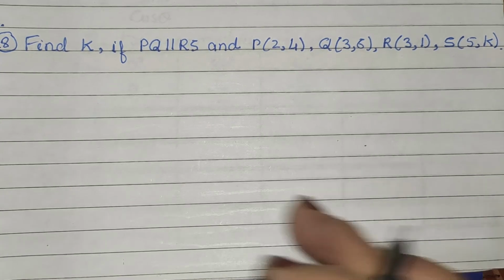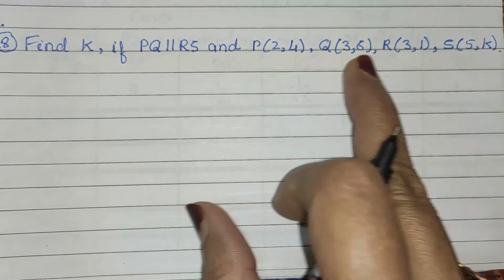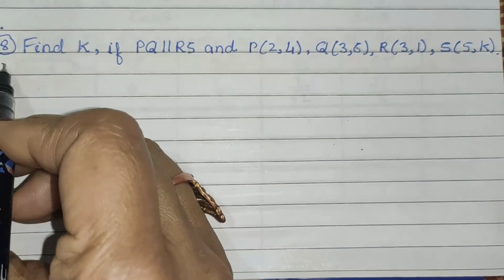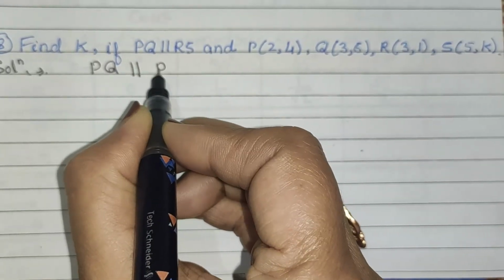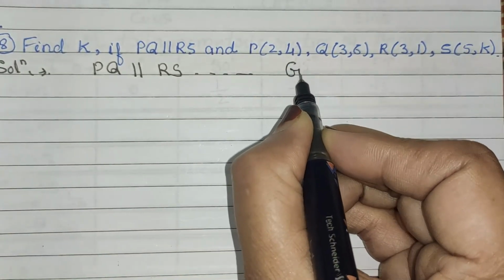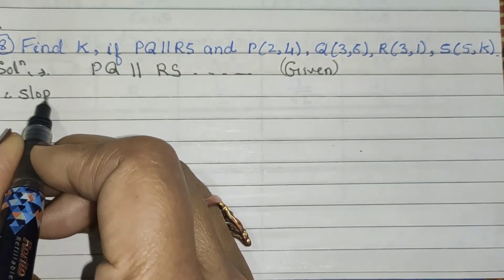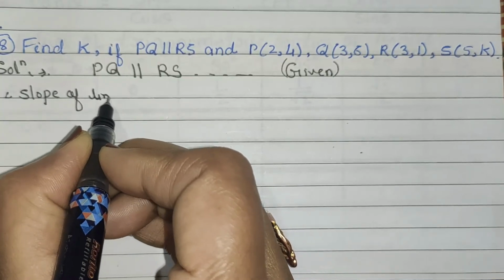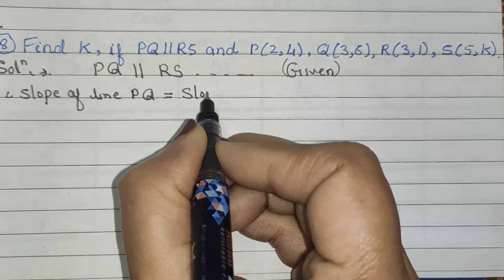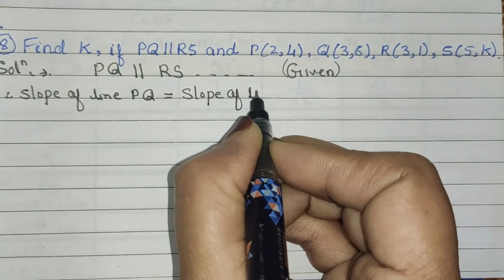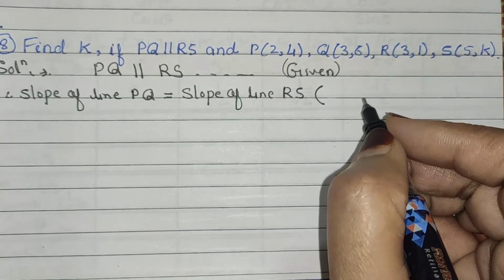Find k if PQ is parallel to RS and the coordinates of points P, Q, R, S are given here. Now PQ is parallel to RS, it is given. Therefore slope of line PQ is equal to slope of line RS, because parallel lines have equal slopes.